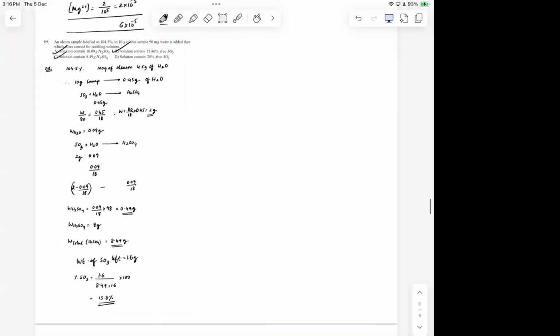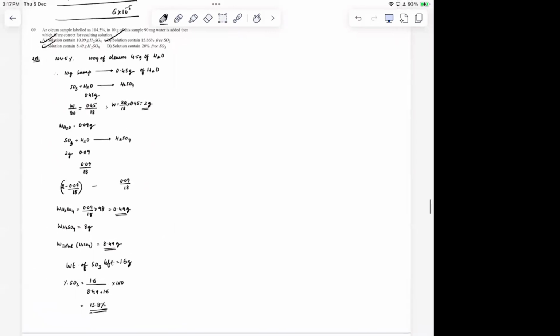Sir, can you explain again why A and C both are correct? The solution contains 8.49 grams of H2SO4, right, beta? And how much is left over, beta? 1.6 is left. So if you add it, what is the total amount we are getting? 10.09.